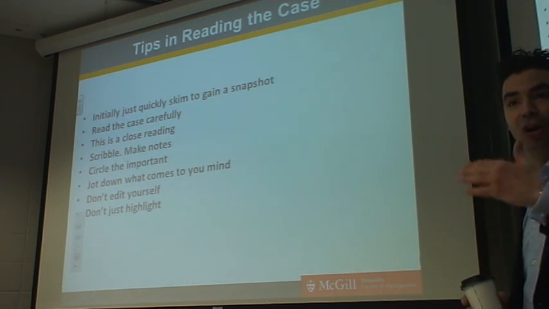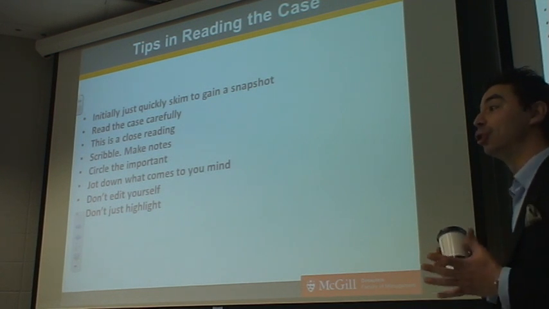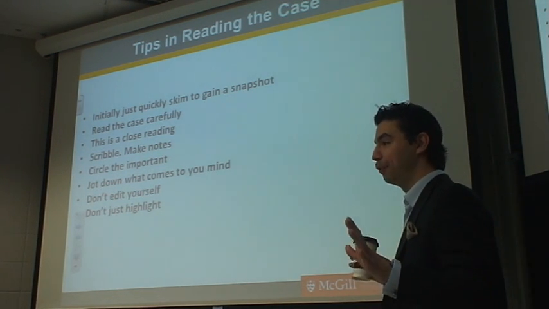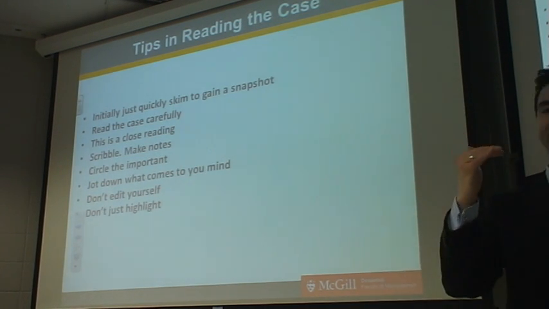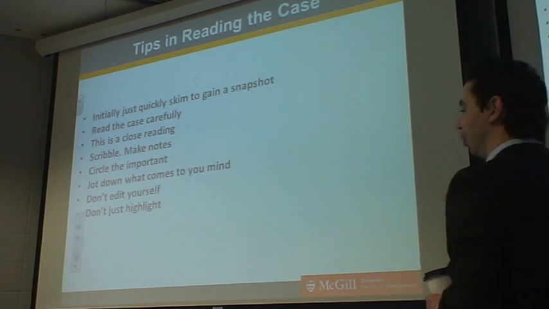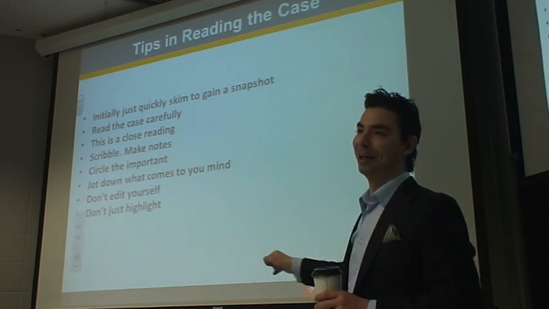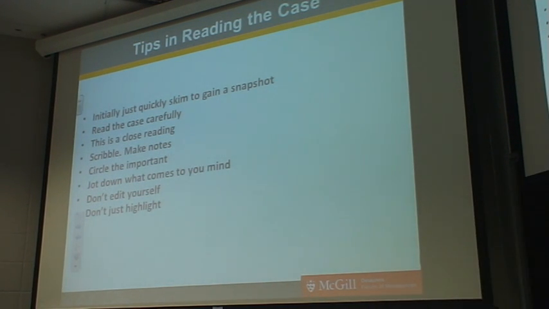Just see what the headings are, what appendices are included, just to get a sense of what it is you're looking at. Very simple. Then go back, start going through the case carefully, step by step. Underline, write little notes for yourselves, highlight, really break down the details of the case. Anything that you may think is relevant.